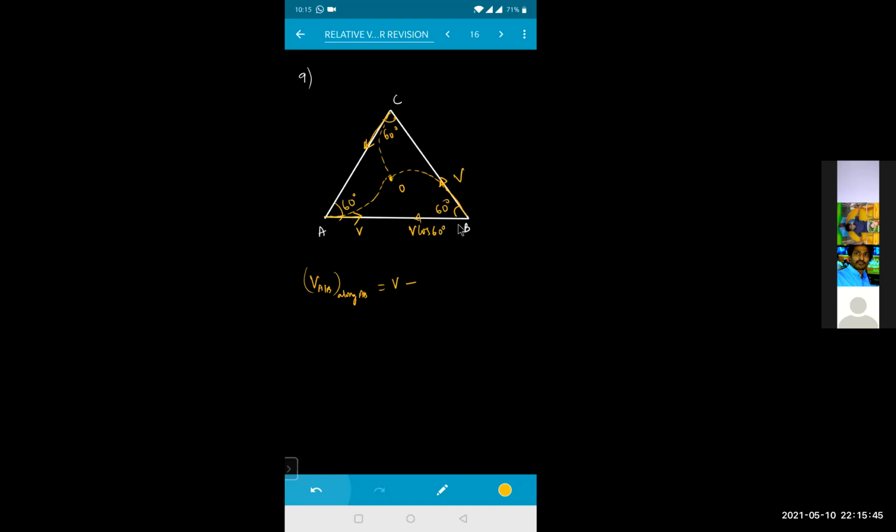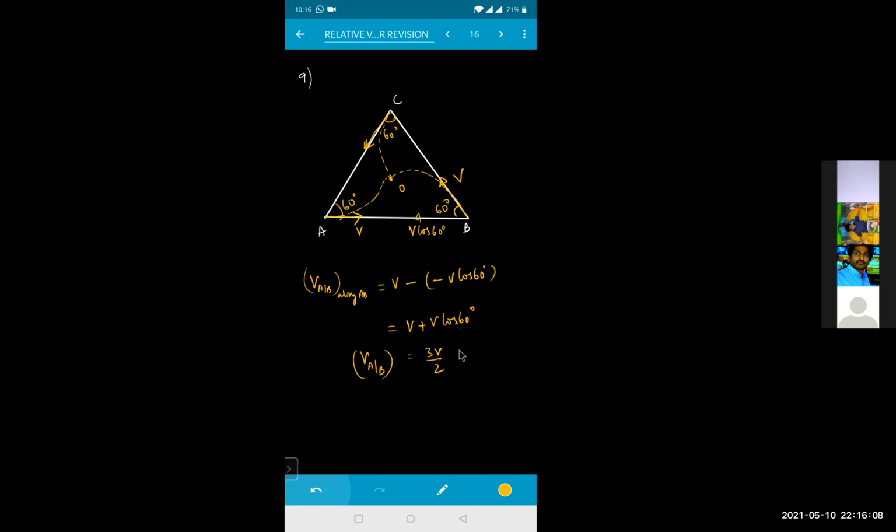Both of them are in opposite directions, so it is V plus V into cos of 60. Cos 60 is nothing but 1 by 2. So this will become 3V by 2. So the velocity of A with respect to B along AB will be equal to how much for me?